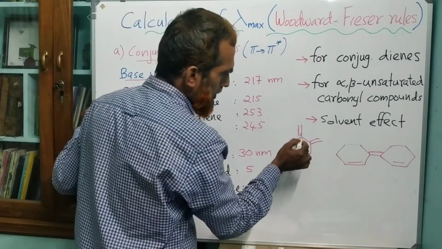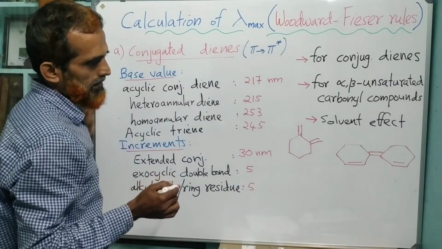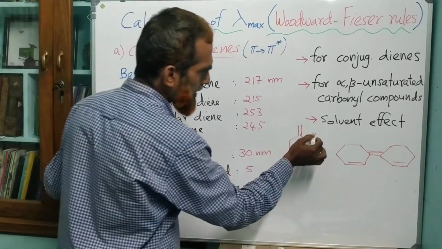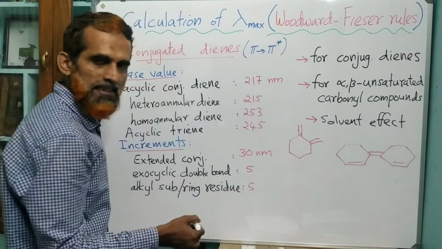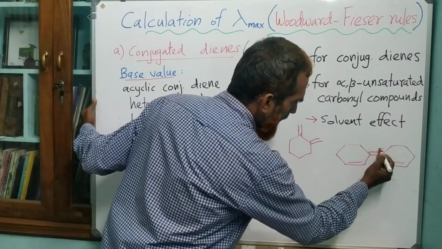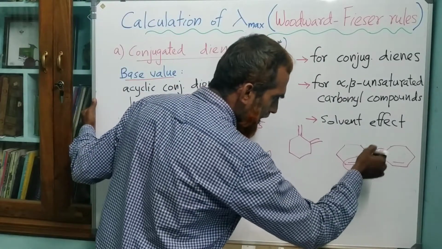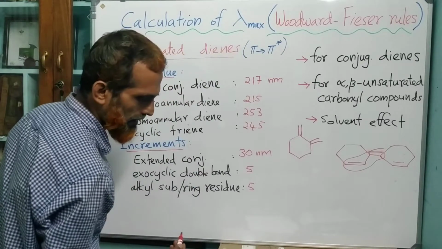So you may get doubted which is the base value. This is to be taken as acyclic because the double bonds are not in the ring. Here also you can take this as an acyclic system because both double bonds are not inside the ring. Okay, and this will be extended conjugation.